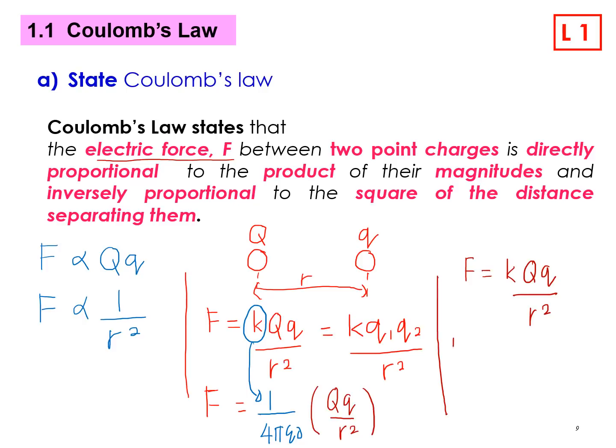Another one, we can rewrite this Coulomb force or electric force in another form: F equal to Qq over 4 pi epsilon naught r squared. You can use both equations related to the information given in your question.